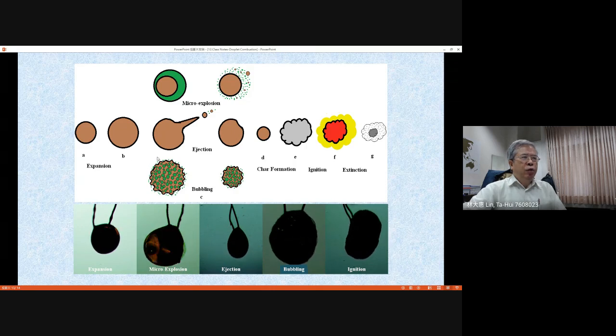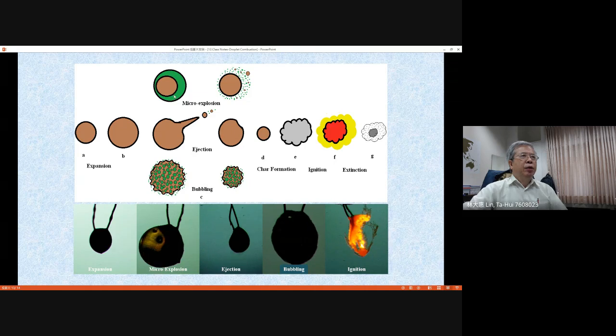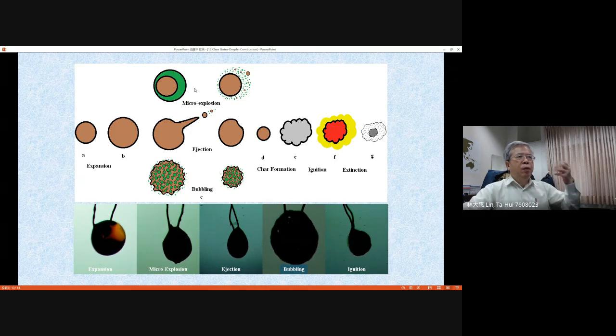When you go to the next step, C, they show different kinds of characters. Sometimes, for example in the upper one, the green region represents some water coming out. In the outer region, since the boiling point of water is relatively low, it can easily start to evaporate.